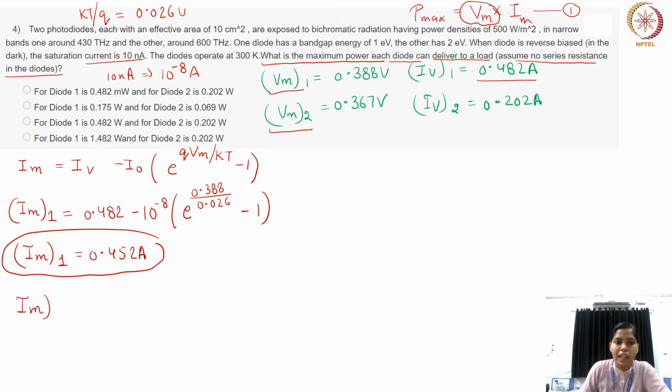Similarly, we can calculate the maximum current through photodiode 2, IM2. The value of IV for the second photodiode is 0.202 ampere.